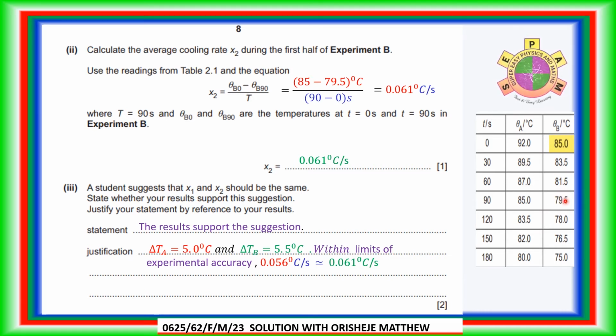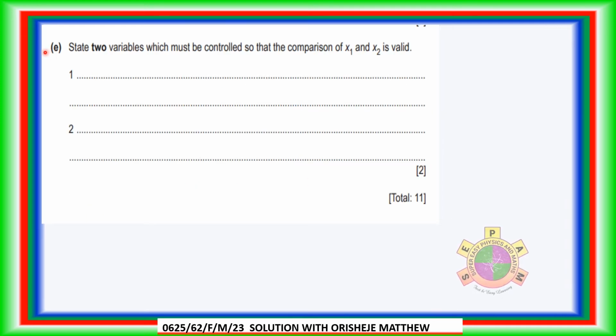So the difference is just 0.5 degrees Celsius, which is very small. So within the limit of experimental accuracy, 0.056 is approximately 0.061 degrees Celsius.